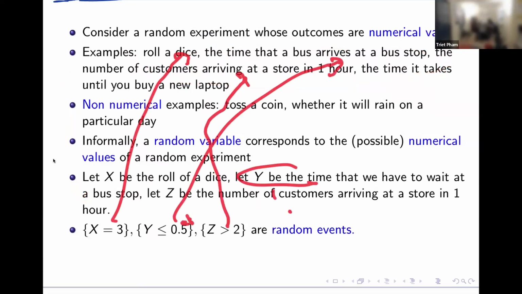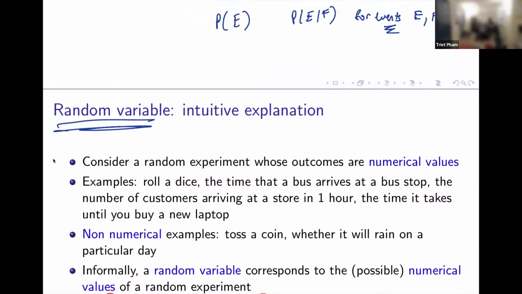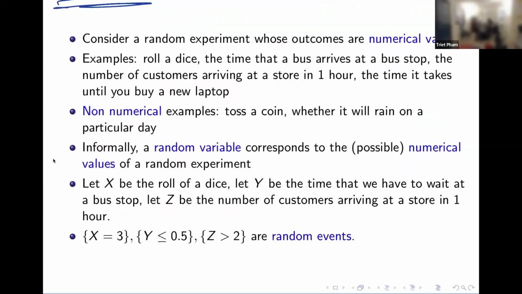First of all, notice we use capital letters at the end of the alphabet, X, Y, and Z. These will denote random variables, while capital letters at the beginning of the alphabet, E and F, will denote events. So when you look at the random variable and you look at the event that it takes on some values, then these are events.